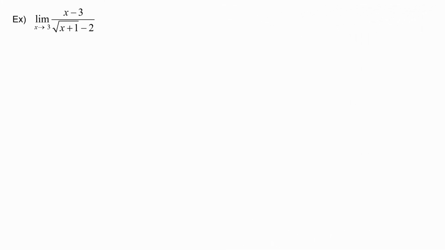In this example, we have the limit as x approaches 3 of quantity x minus 3 over quantity radical x plus 1 minus 2. Now we always try direct substitution first. If we plug 3 into the numerator, we've got 3 minus 3.